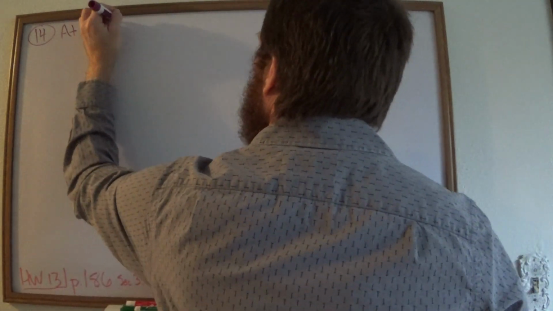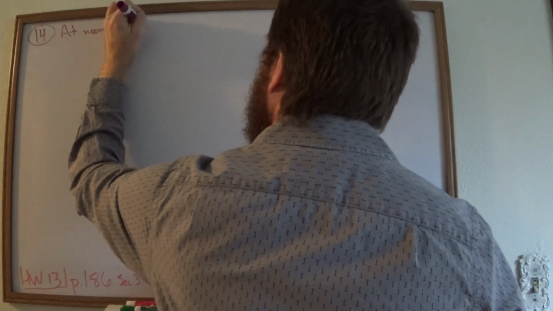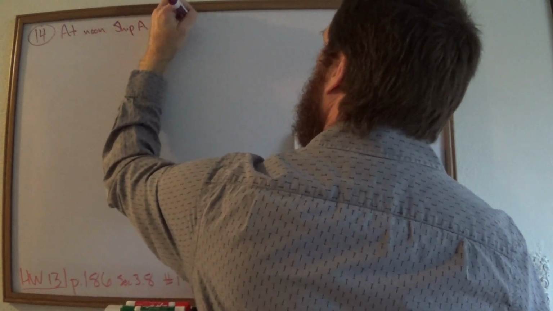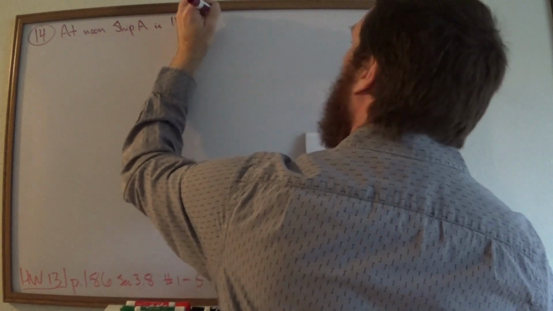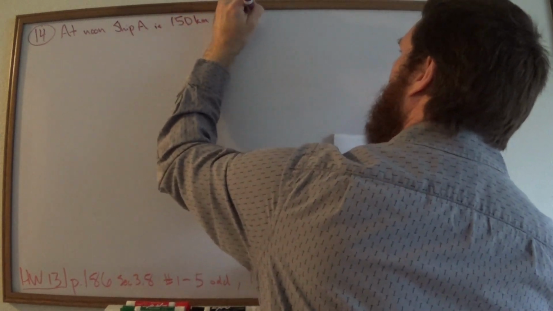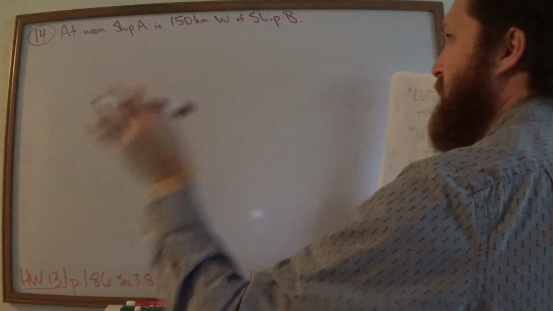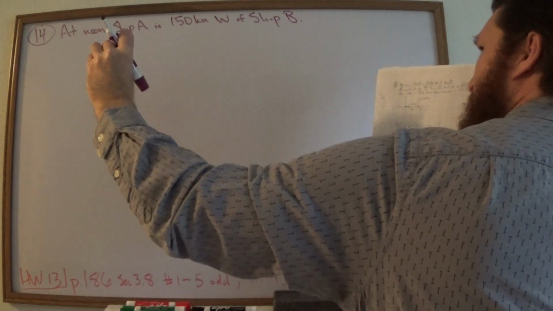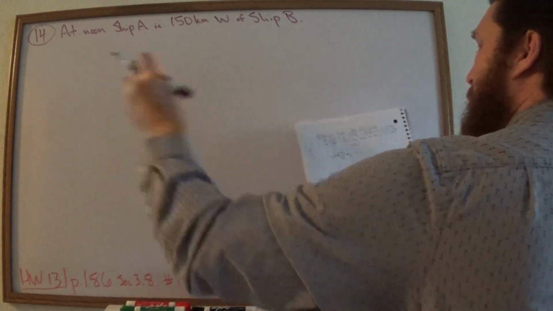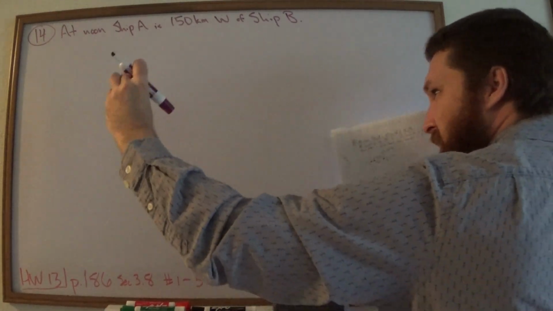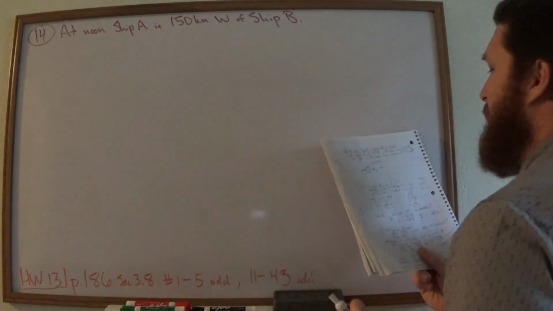At noon, ship A is 150 kilometers west of ship B. Okay, so we have 2 ships. One is 150 kilometers west of another one. We're assuming that means they're at the same height. One is west, one's here.